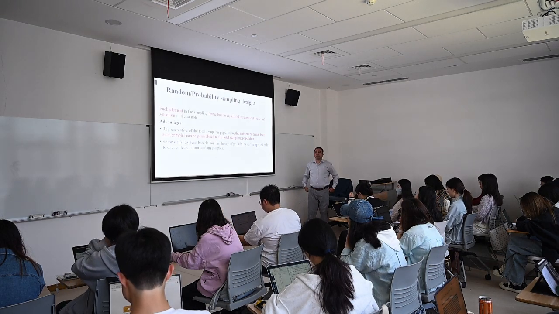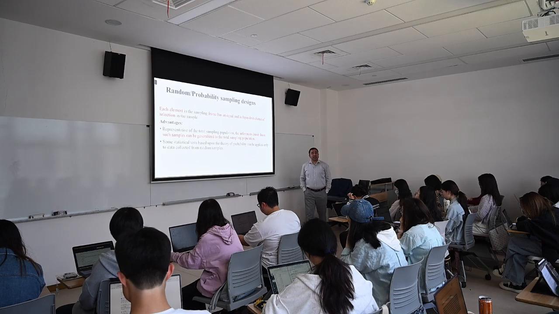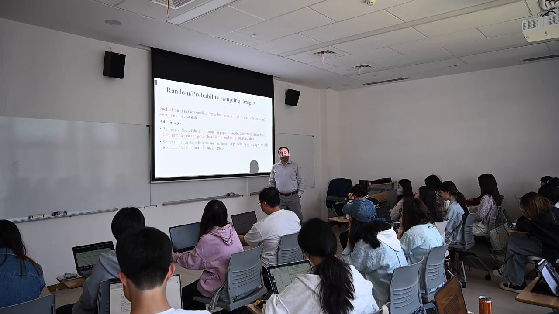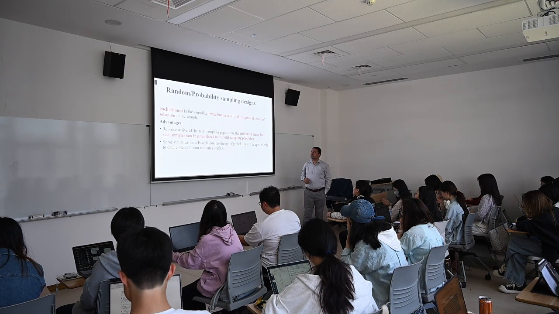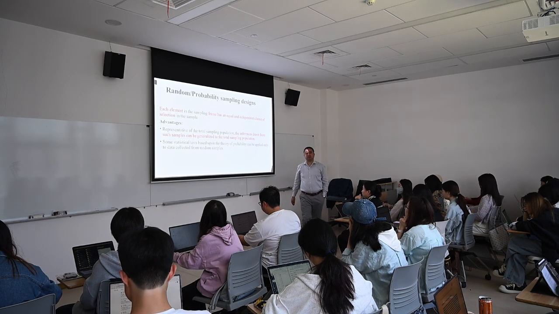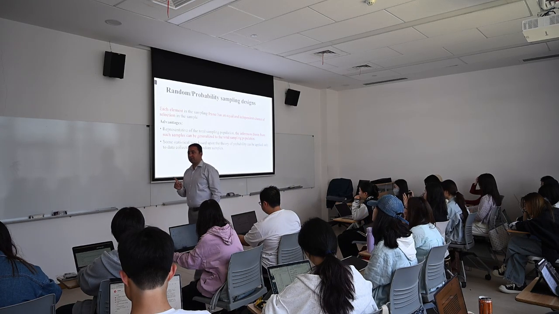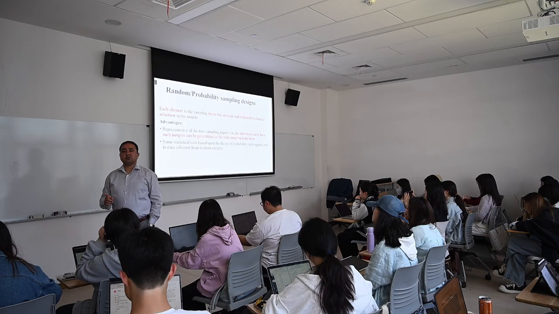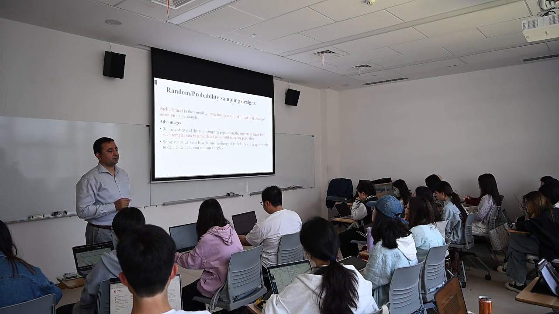Random or probability sampling design. Here each element, each respondent, each participant in this sampling frame has an equal and independent chance of selection in the sample. This is called random sampling. And this is the most appropriate, the most representative of your study population.